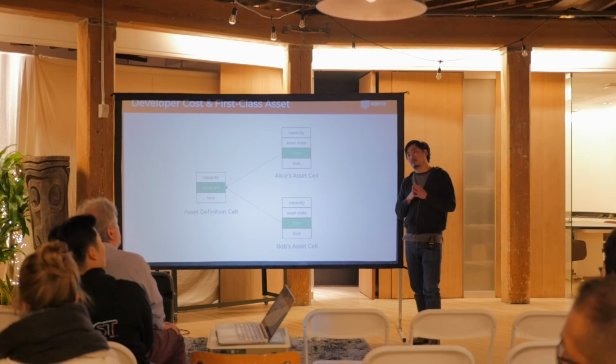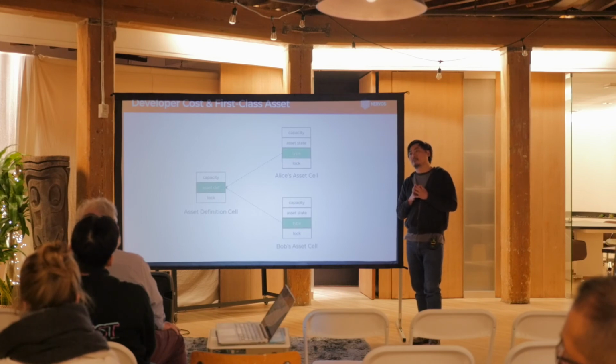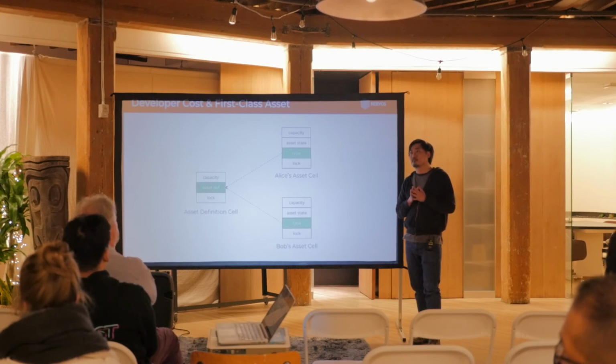But the second layer assets are going to have different values, right? So there's going to be this fat head and long tail distribution, where one byte in the long tail asset is going to be worth much less than one byte of data in the fat head asset.